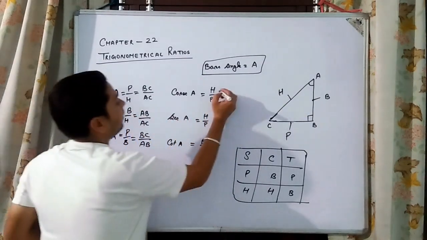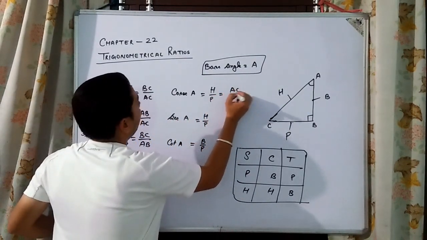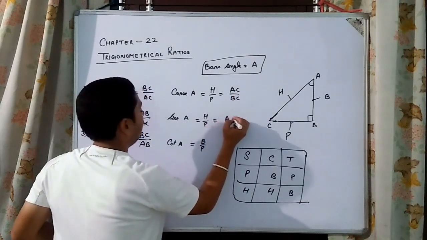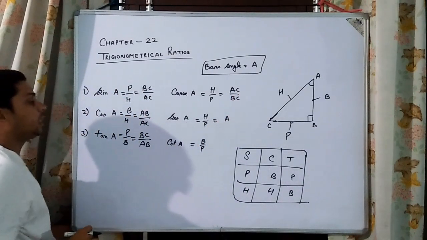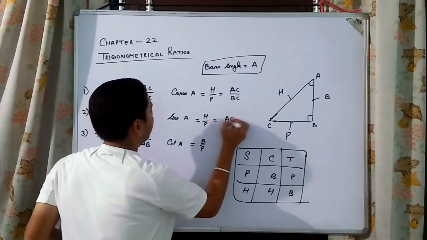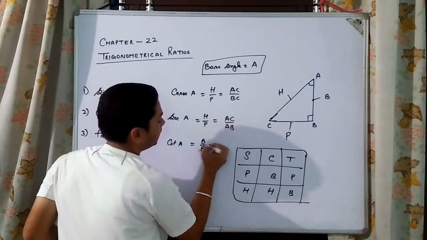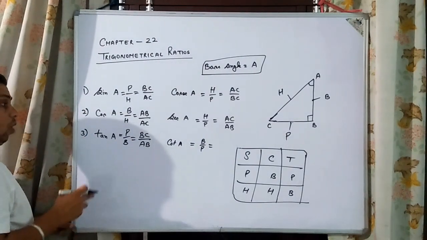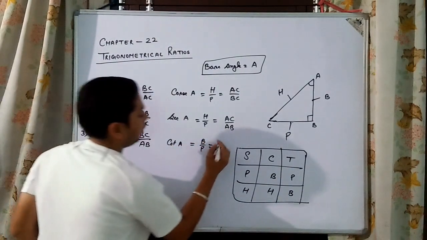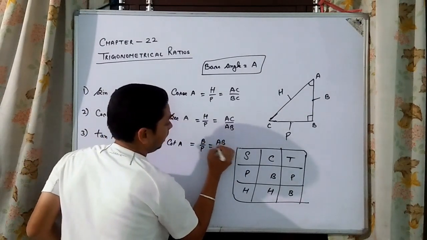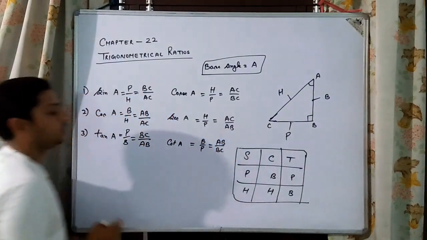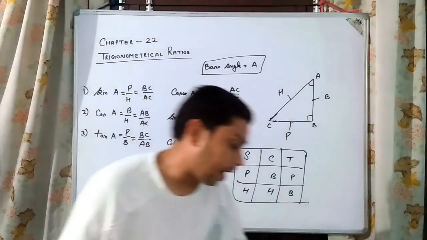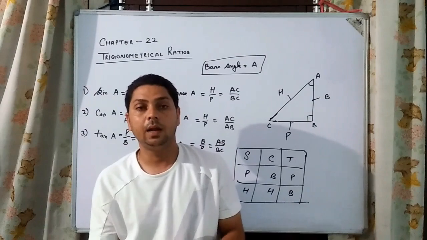Now inverting it, it will give you AC upon BC for cosecant of A. Secant of A can be written as AC over AB, and the last trigonometrical ratio, that is cot of A, will be equal to AB over BC. Okay. So in this way you can write the different trigonometrical ratios.